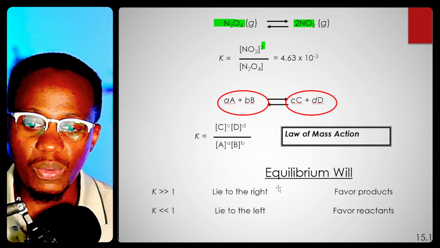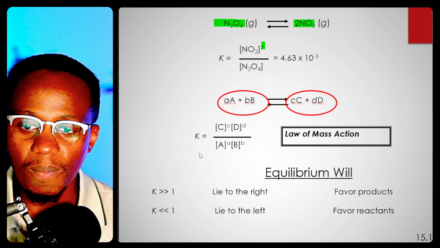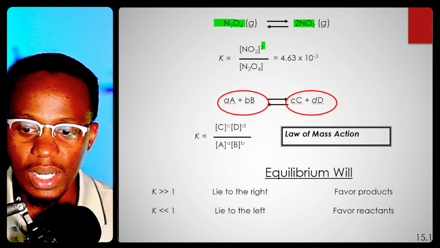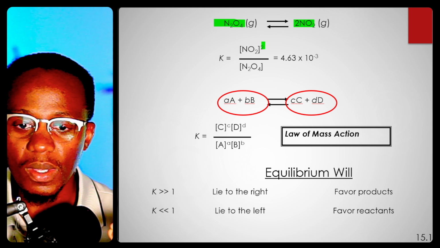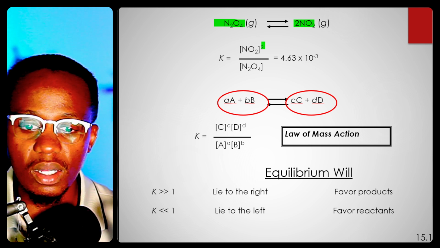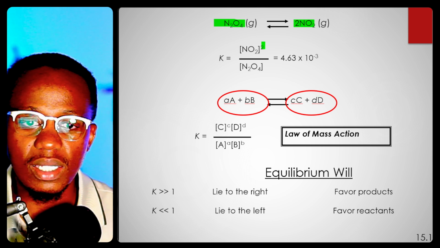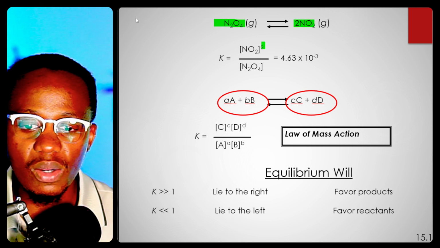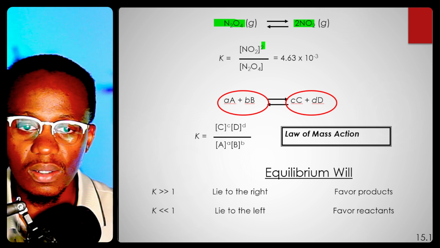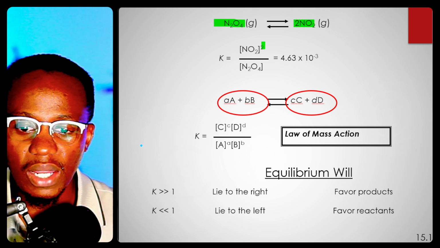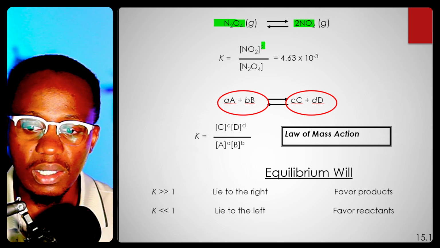If the equilibrium constant is equal to 1, we are at equilibrium, right? If it's over 1, we go to the right, meaning we're favoring the product. And if it's under 1, it's to the left, meaning we're favoring the reactants.